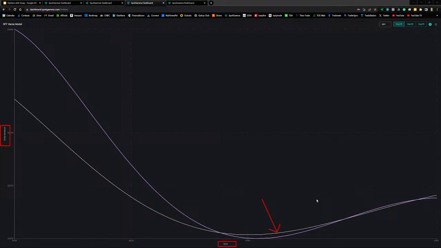Remember, market makers want to remain delta neutral. So if their delta exposure increases, they have to sell futures to hedge their delta exposure. On the other hand, if price decreases, they can buy back their short futures. The purple curve adds implied volatility to the equation, showing how market makers' delta notional changes with changes in price and implied volatility, and that is the Vanna effect. Vanna is a second order Greek.